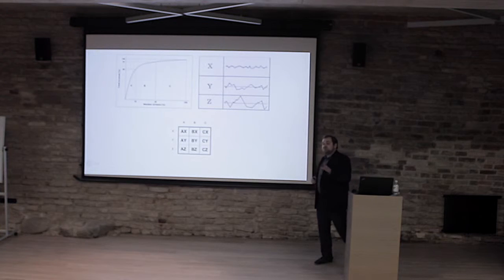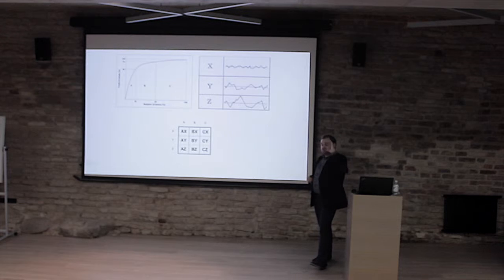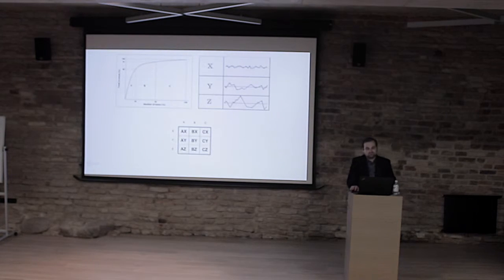Usually about 20% of your products bring you about 80% of the revenue. It's the A segment. The B segment is the 30% of the products which bring you only 15% of your revenue. And the C is some other stuff. Yeah? It's half of the product line which brings you only 5% of the revenue.